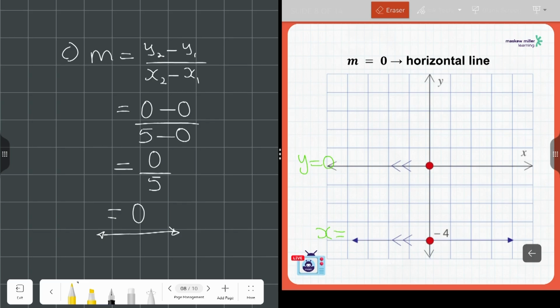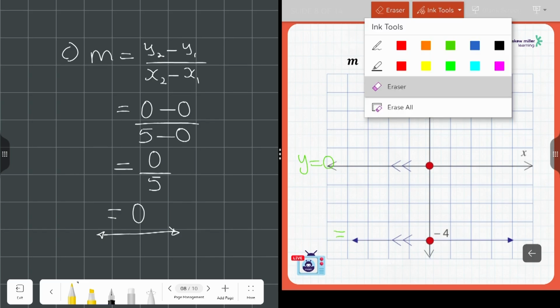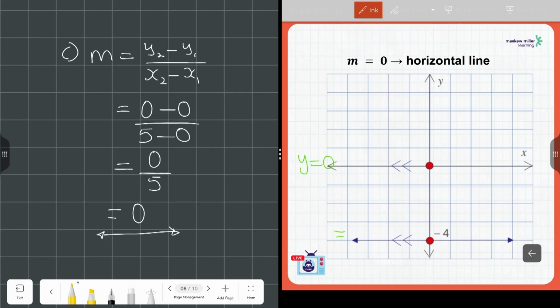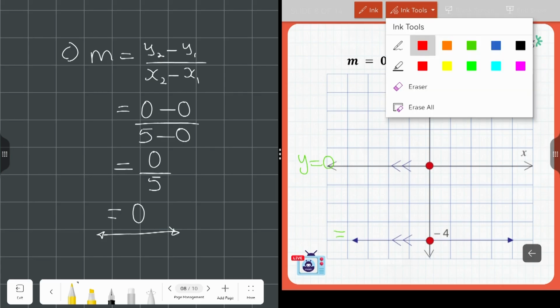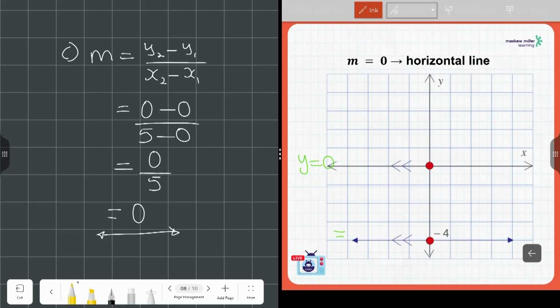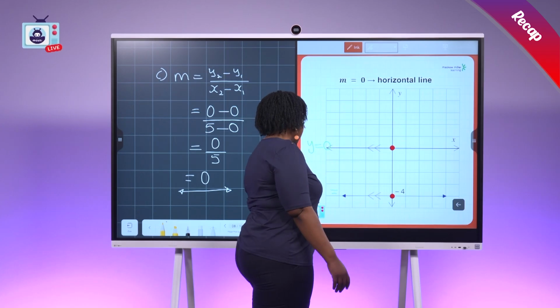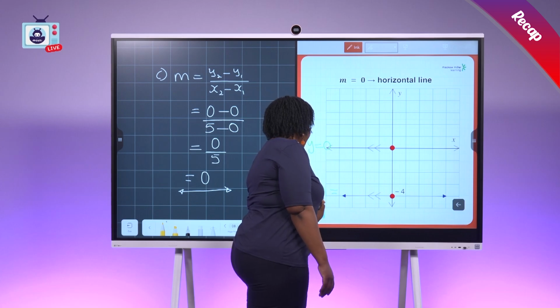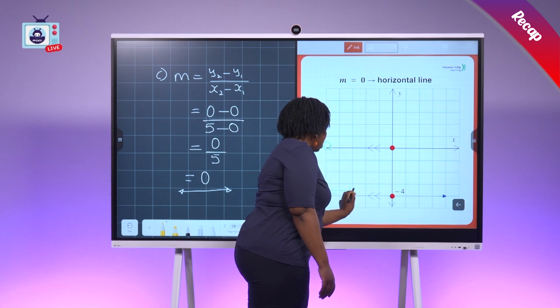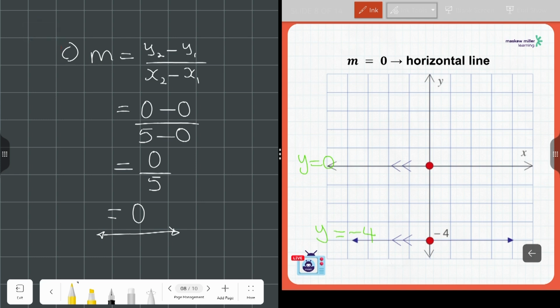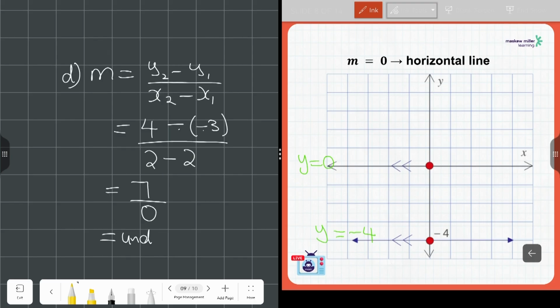We call this one y equals negative 4, since it is parallel to our x-axis, which is the line y equals 0. So every line that is parallel to the x-axis, we call y equals something. This will be y equals negative 4, as much as this is y equals 0. And that is where we have our gradient being 0.